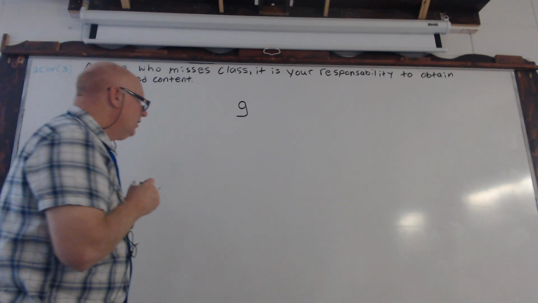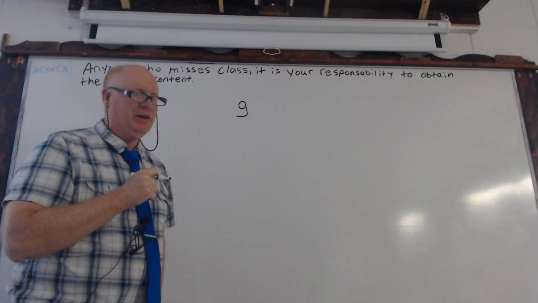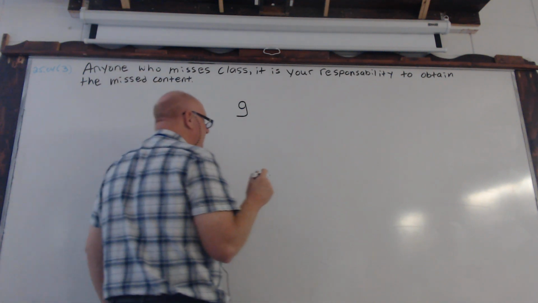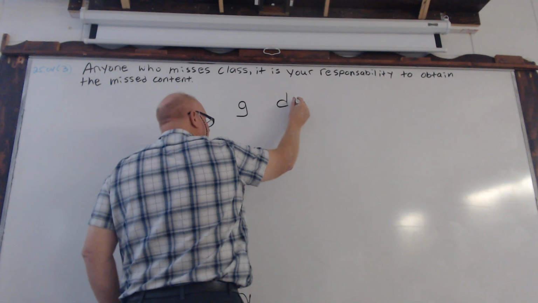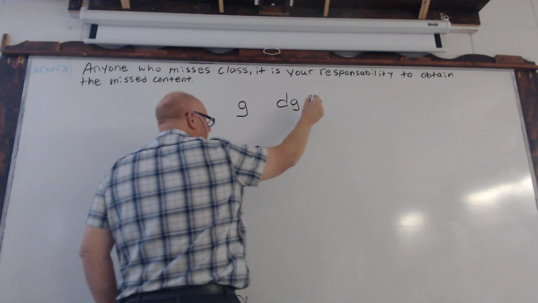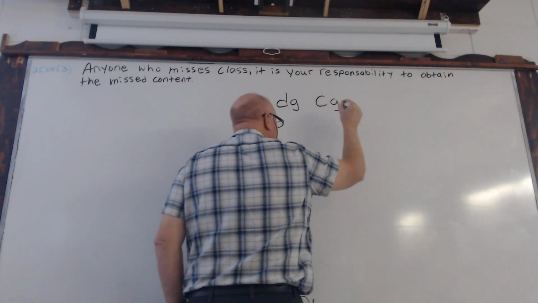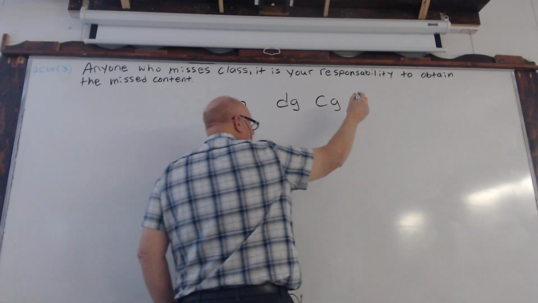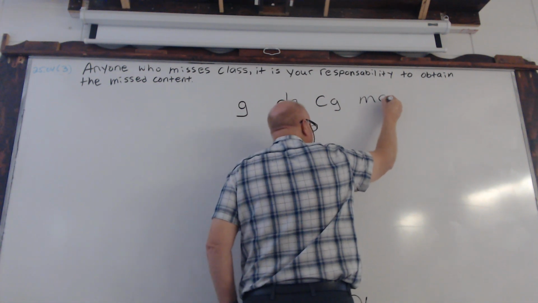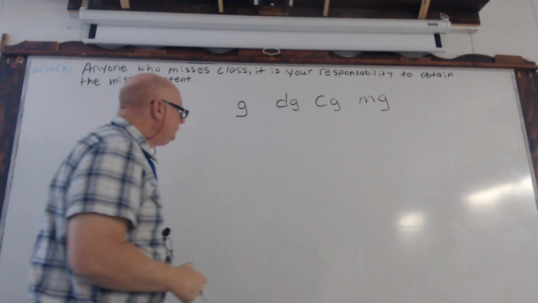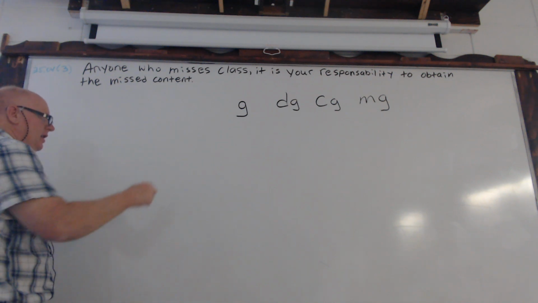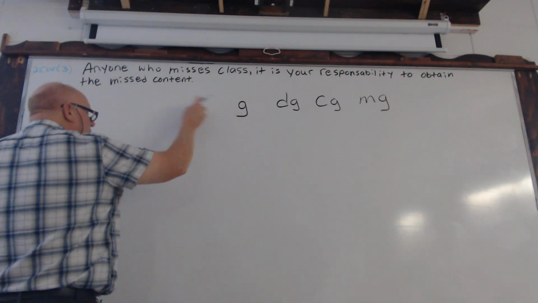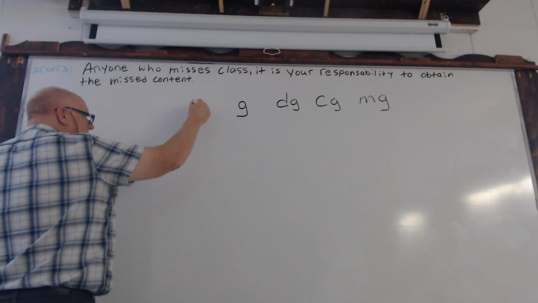Okay. So what that means then, we've got decigrams here. We've got centigrams here. And then like you had just illustrated, we've got milligrams out here on the end. So then what we see happening here is now we're going this direction.